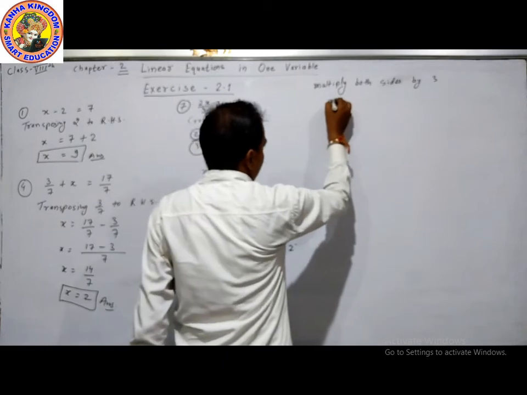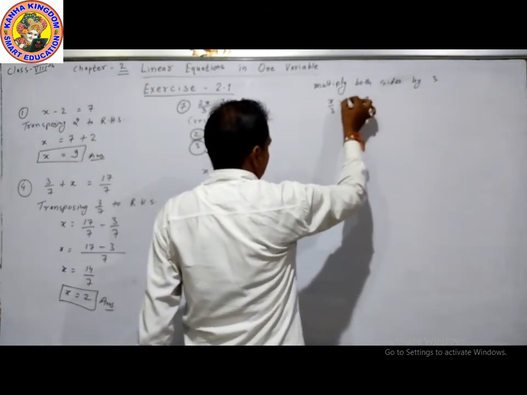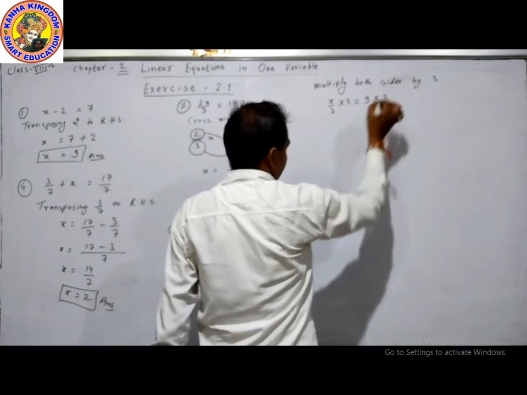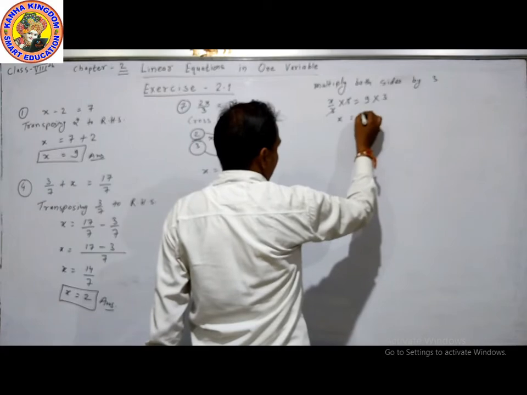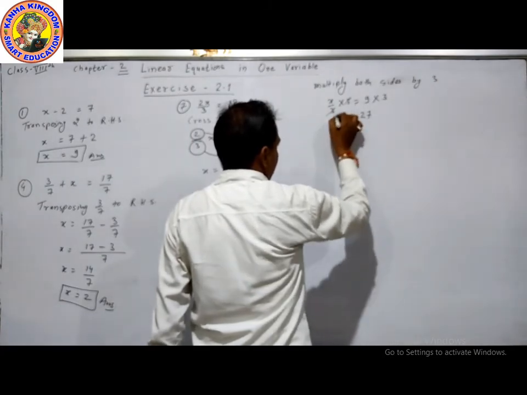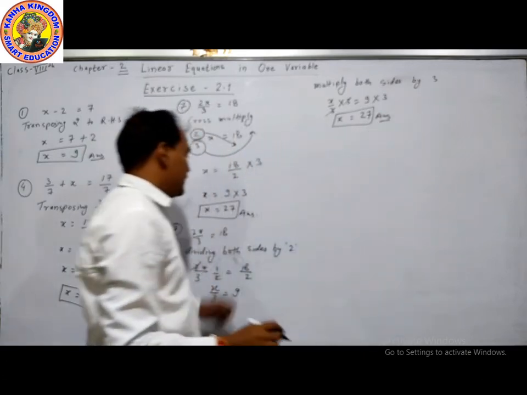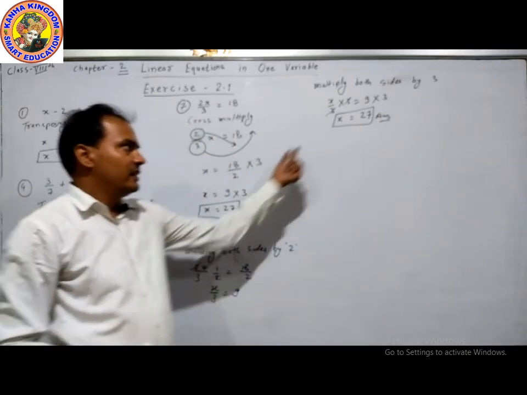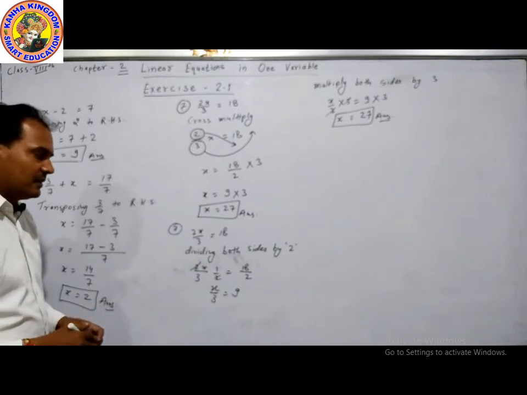The equation is x by 3 is equal to 9. We have to multiply by 3 on both sides. 3 and 3 will be cancelled out. x is equal to 27. This is the final answer. In the previous part, x is 27 and here x is 27. The final answer is 27.